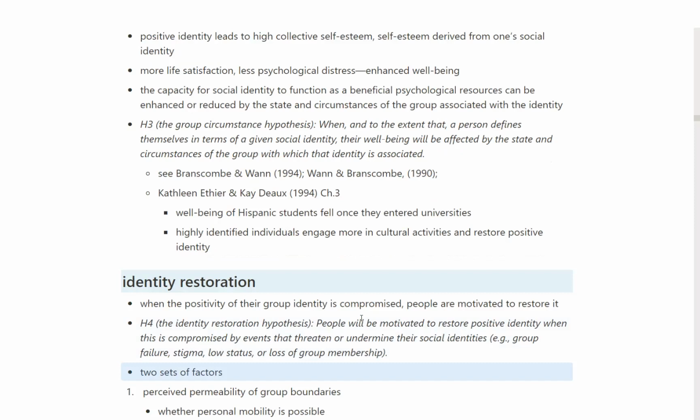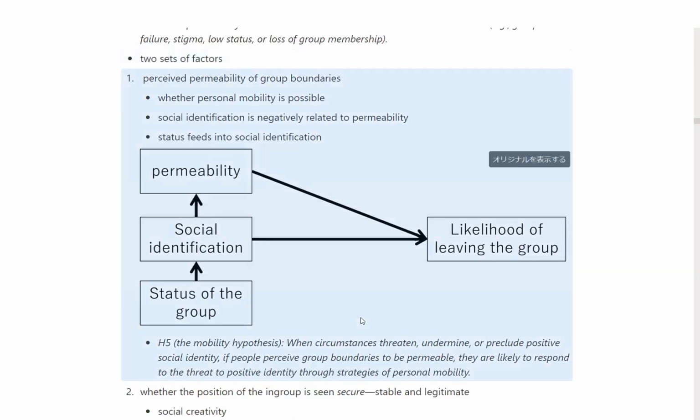So there are two sets of factors that determine whether they will restore their identity or whether they would leave their group. The first one is perceived permeability of group boundaries.